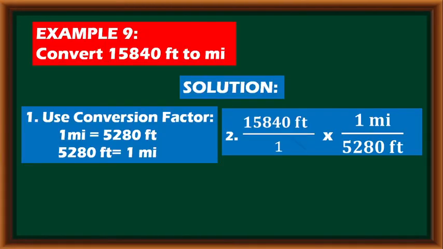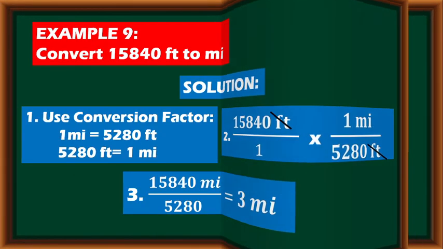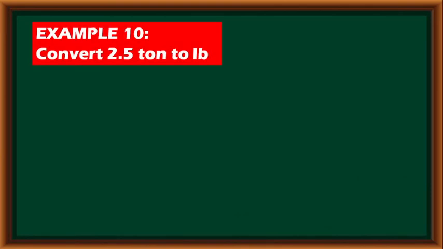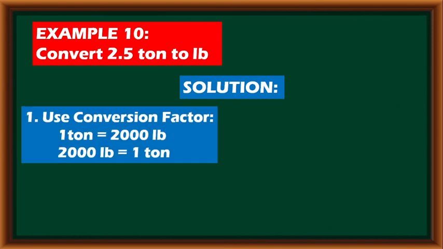Next, we will have the last example. Convert 2.5 ton to pounds. Which one is heavier? Because this is in the measures of mass. For every ton, we have 2,000 pounds, or 2,000 pounds is equal to 1 ton.